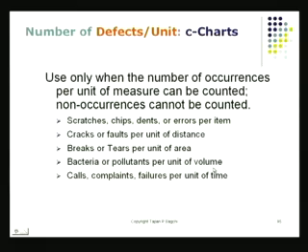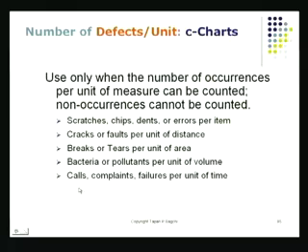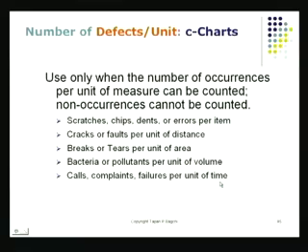Or pollutants per unit volume of liquid that you find in a puddle or in a lake, or in a well, an oil well, for example. Or calls, complaints and failures per unit of time, per hour, how many calls are not being answered properly, for example, or are dropping off because the queue is too long. Those things can be monitored as defects per unit.